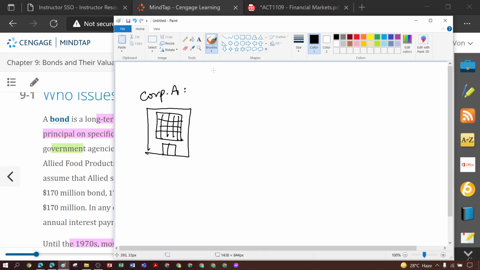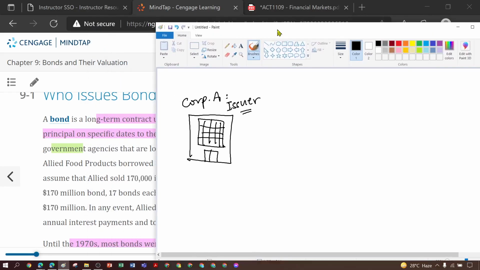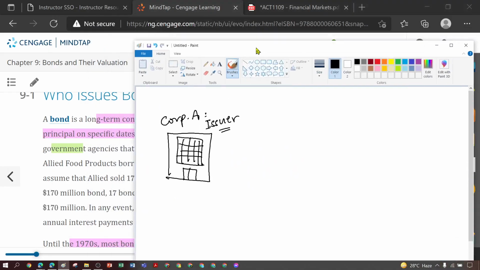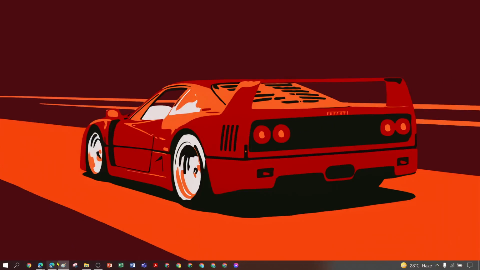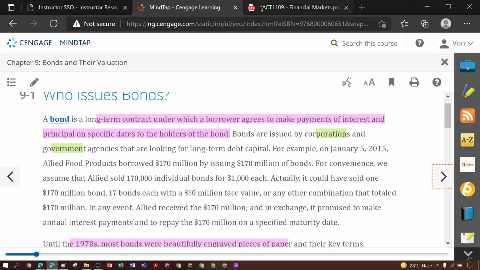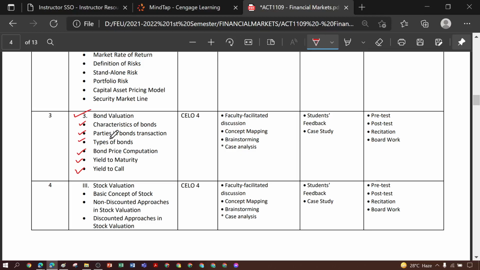Sa example natin, siya si issuer ng bonds. Okay. Ayan, itabi lang natin siya dito. Pero meron na tayong isang character. Sa isang party sa isang bond transaction.